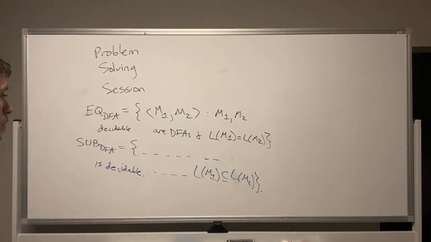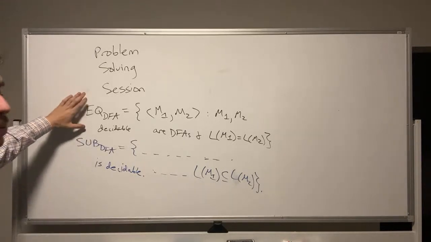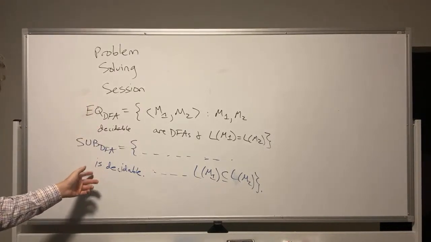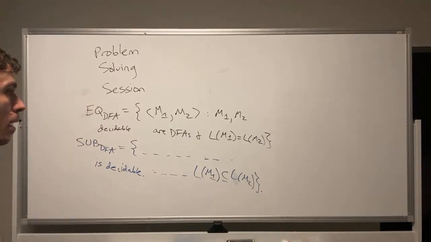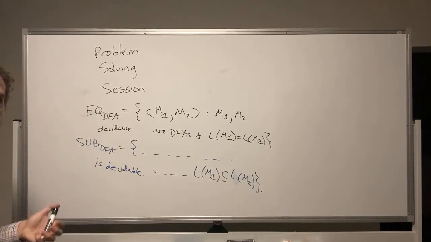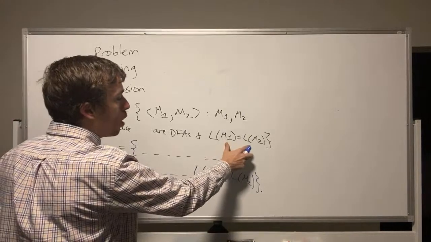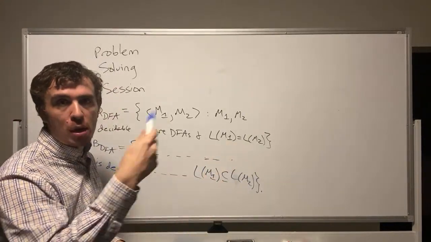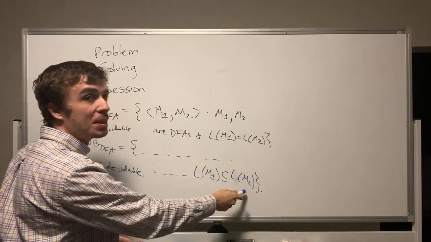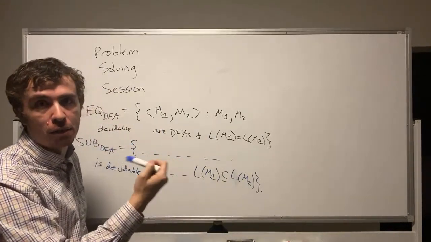So the answer is actually pretty easy. If you know the proof for equivalence of DFAs, then the subproblem is really easy, because it's basically just half of the equivalence problem. Because for equality, it's basically asking, is one a subset of the other? Whereas here, we're only saying, is this one a subset of that one, but not necessarily the other way.